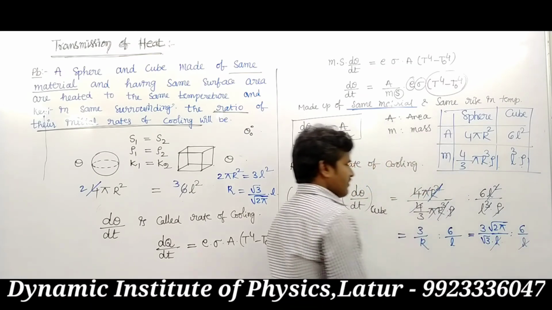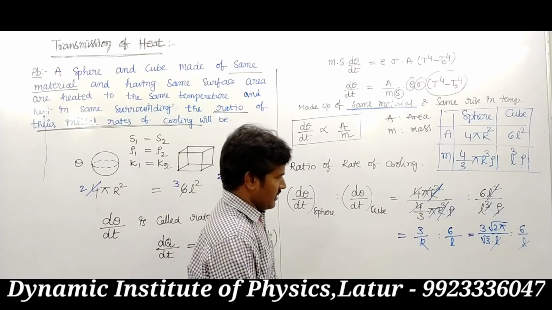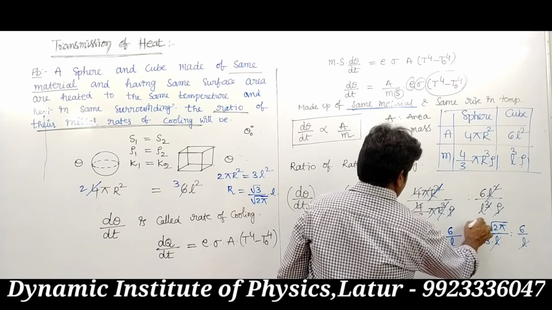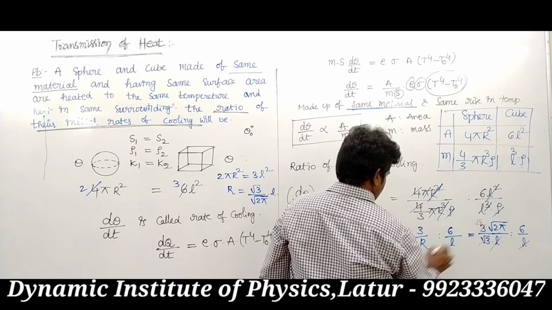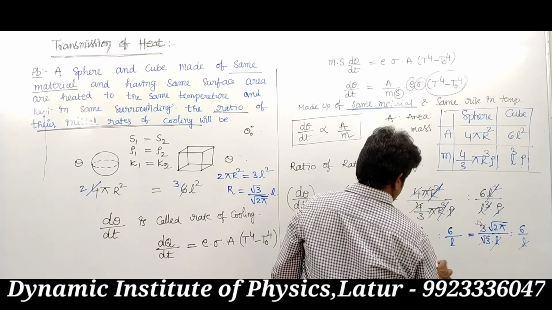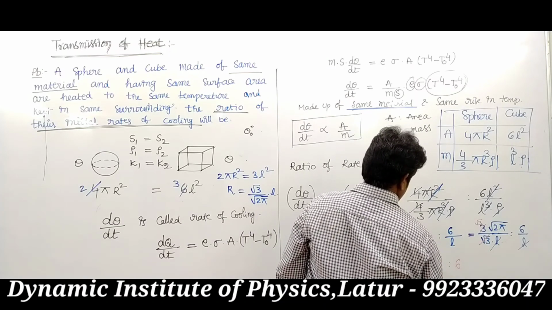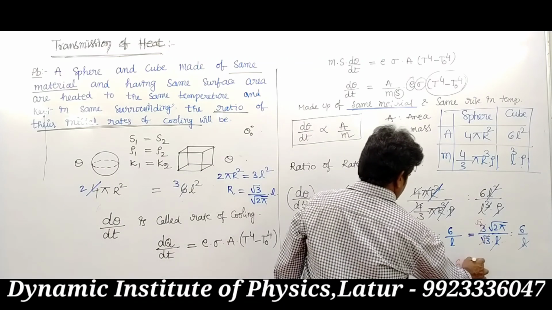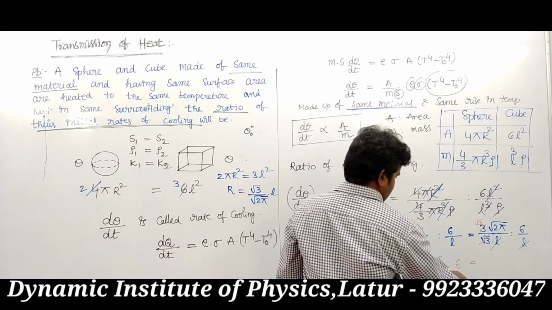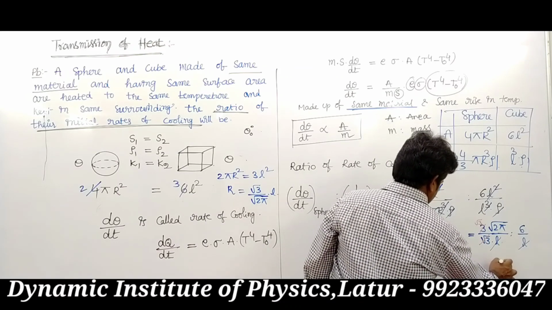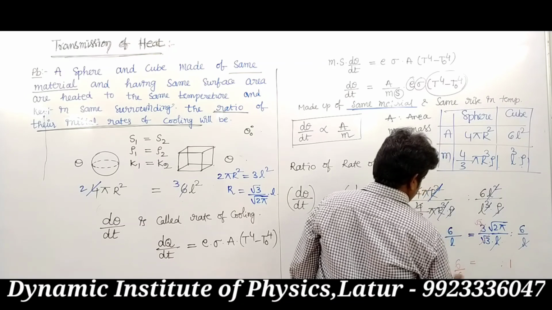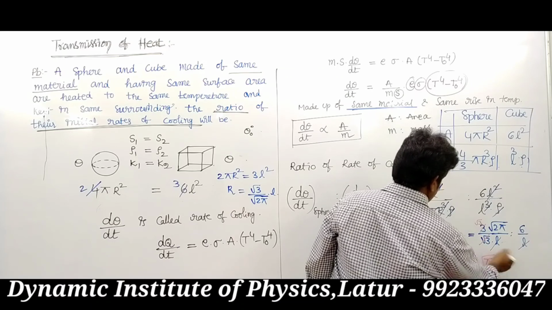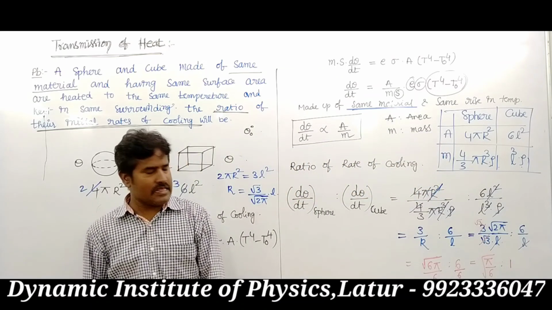So L is cancelled, and after simplification the value becomes root 6 pi upon 6, which is nothing but root of pi upon 6.